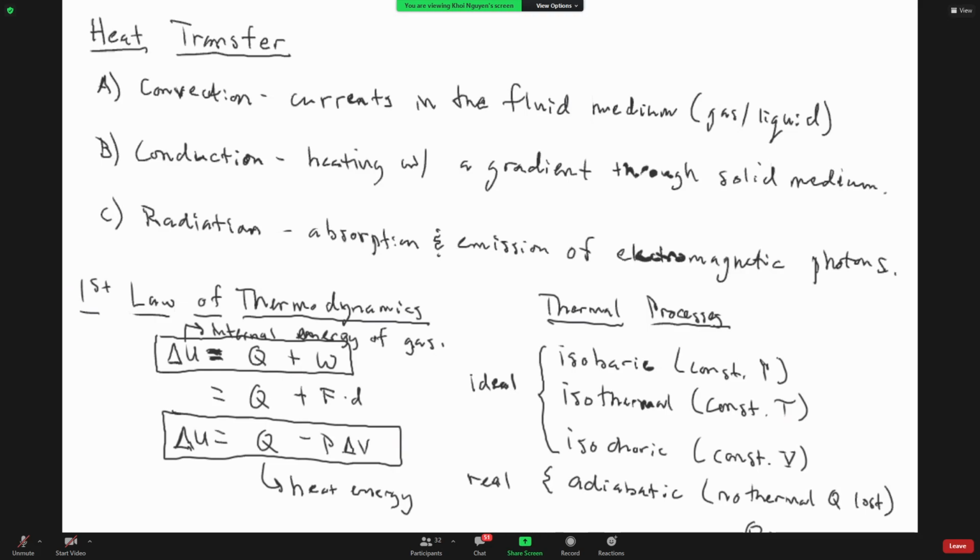So let's look at the two types of machines, a heat engine and a heat pump. We'll do the heat pump first, aka your refrigerator, and then we'll talk about your heat engine. Okay.